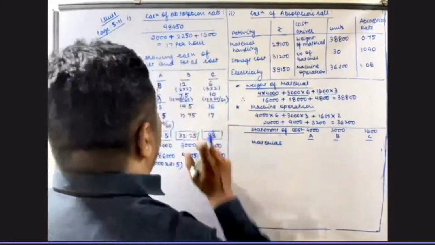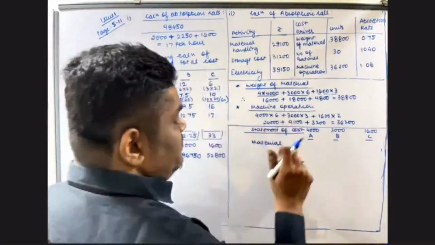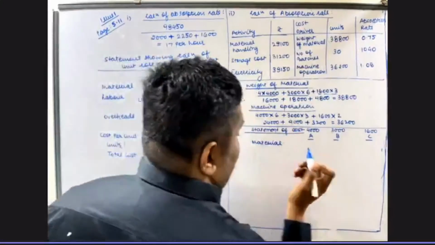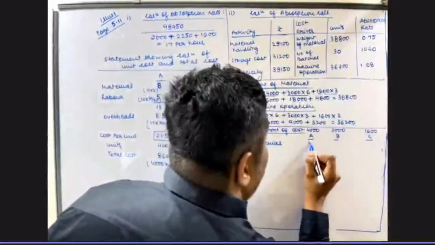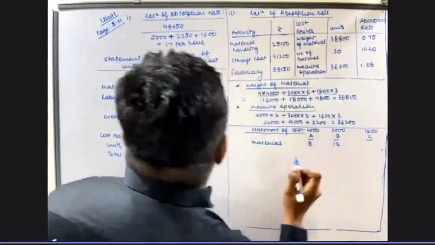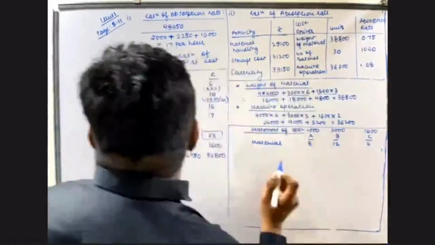The material required per unit is 8, and total 4,000 units are manufactured. Or better, we'll first calculate the prime cost, that is material is 8, 12, and 6.